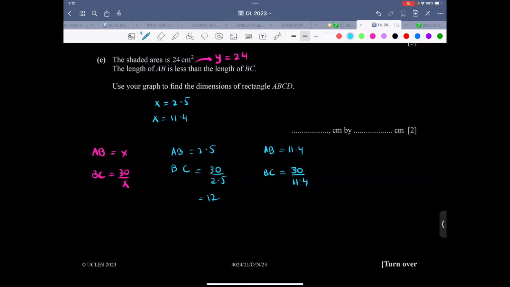So let me divide. So this is 30 divided by 11.4. This comes out to be 2.63. But the question says the length of AB, X, is lesser than length of BC. So this is 2.5, this is 12. So we will choose this, that is 2.5 and 12. So that is the dimension of that particular rectangle.